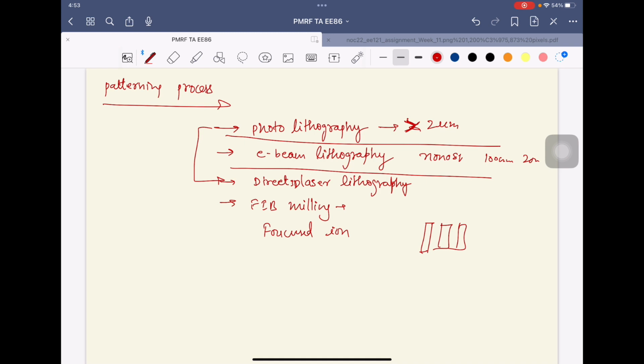So this is milling. Your material will be etched where you do not need it, and the pattern region will remain on your substrate. Okay, so this is a type of milling process. These are some very basic patterning processes. We will go into the detail in later videos.